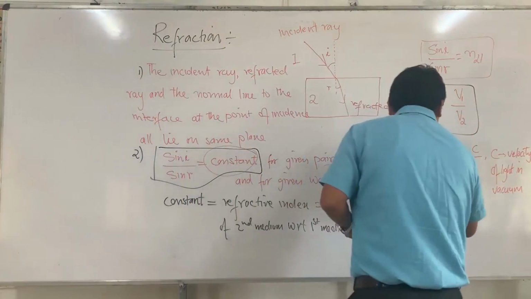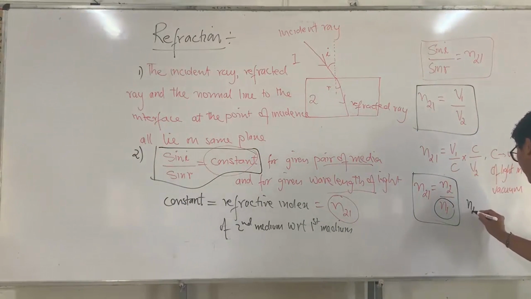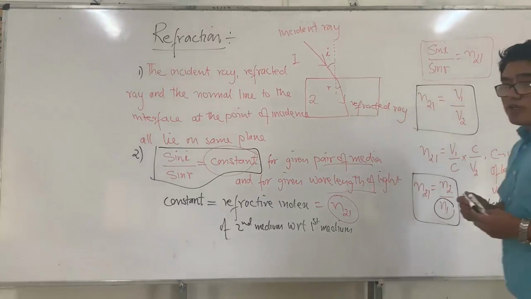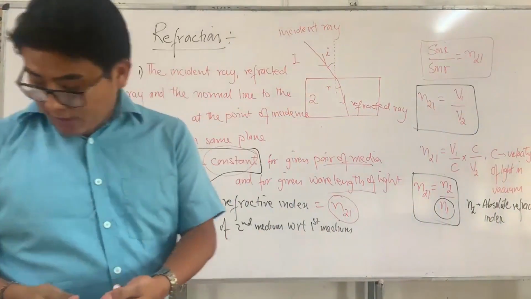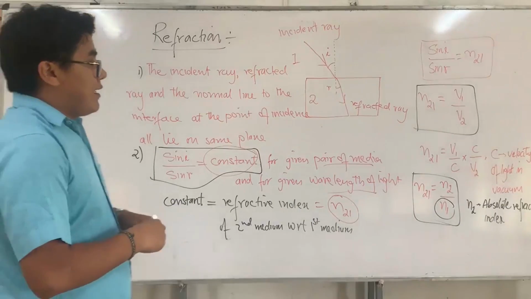Again, this is what we have, and this is what we call as absolute refractive index. Why?